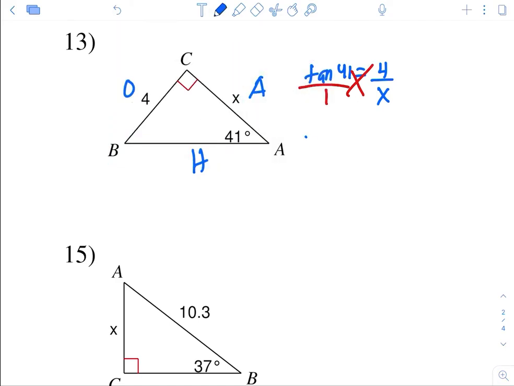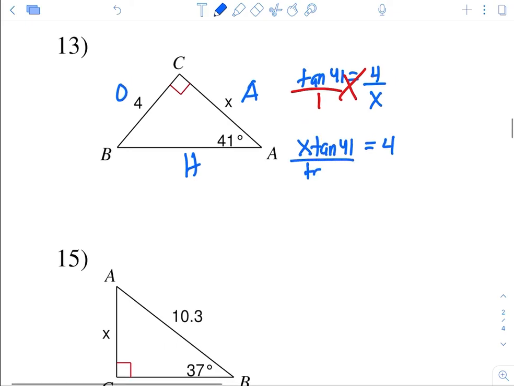X times tan 41 is x tan 41. 1 times 4 is 4. Isolate the x, so that means we need to divide both sides by tan 41. So x is going to equal 4 over tan 41. Put that in your calculator. 4 divided by tan 41, which is going to give you 4.6 about.